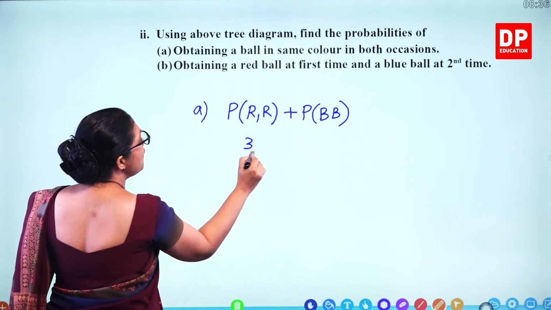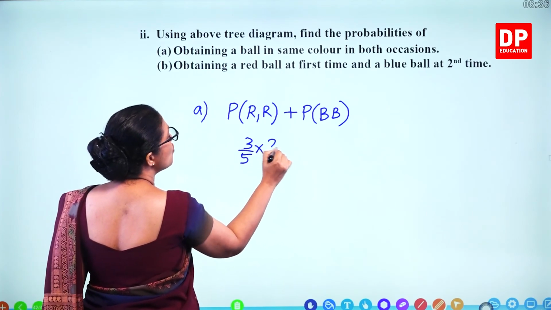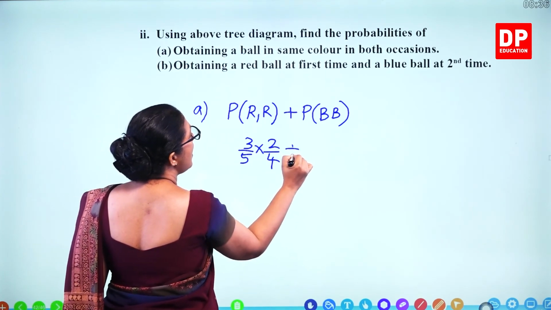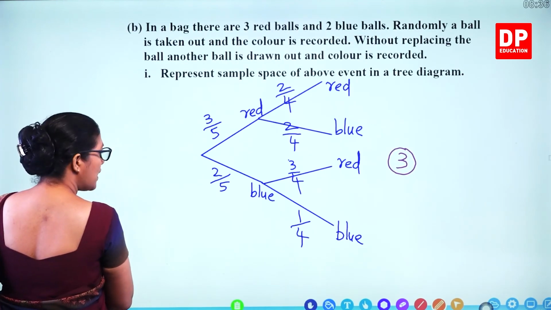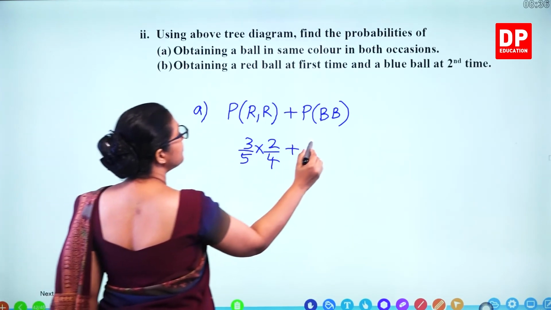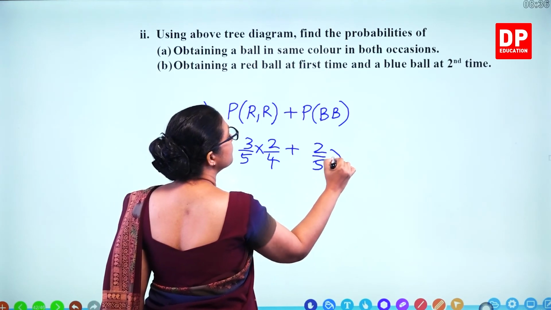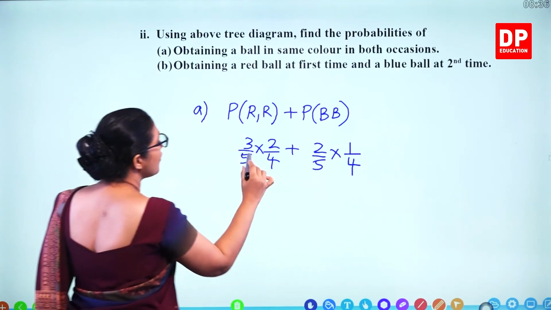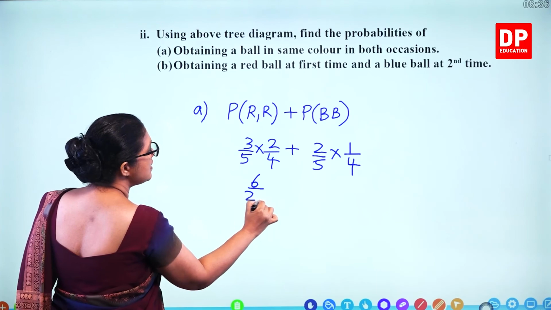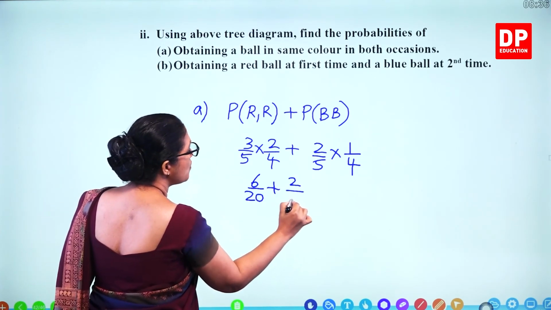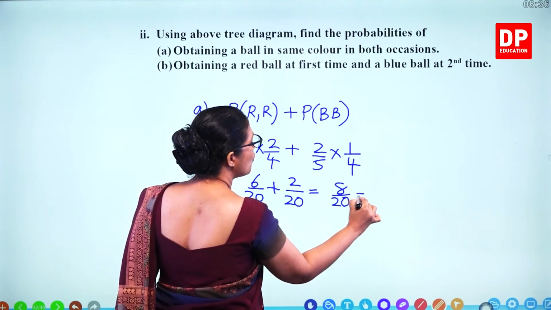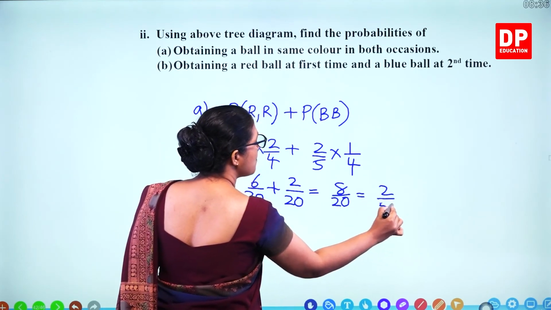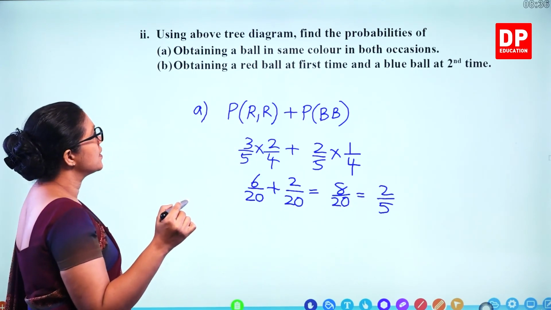So 3/5 with 2/4 and how many blue ones? 2/5 with 1/4. So you get 6 over 20 and 2 over 20, altogether 8 over 20. So 4 times 2, 4 times 5, 2/5.